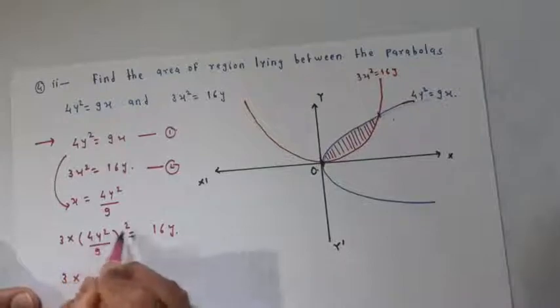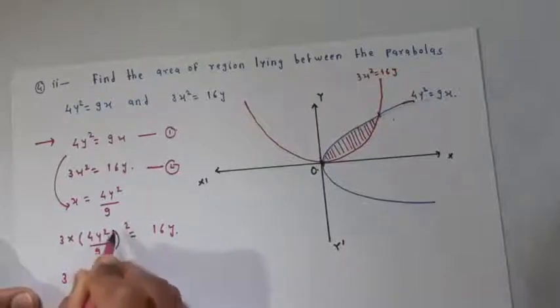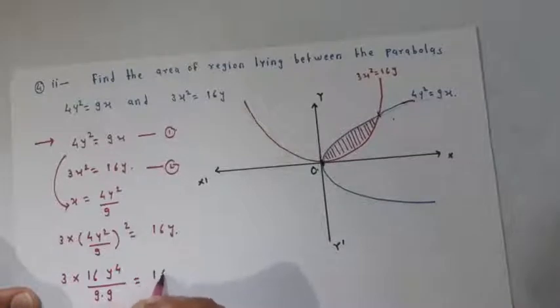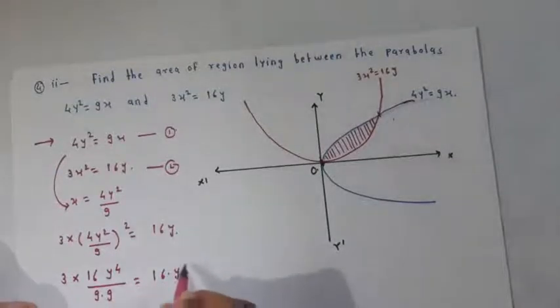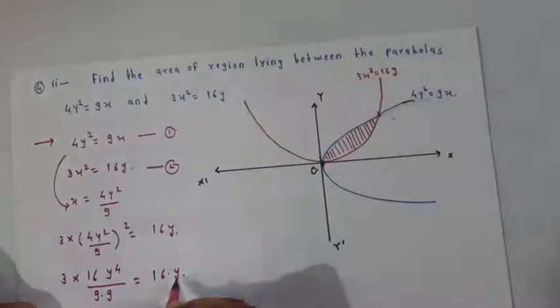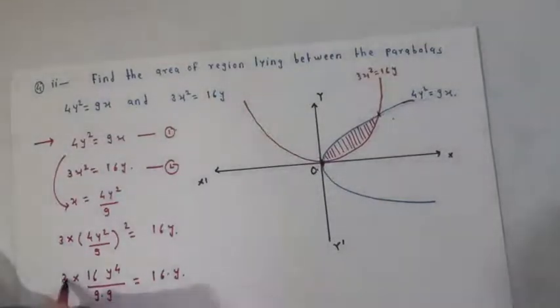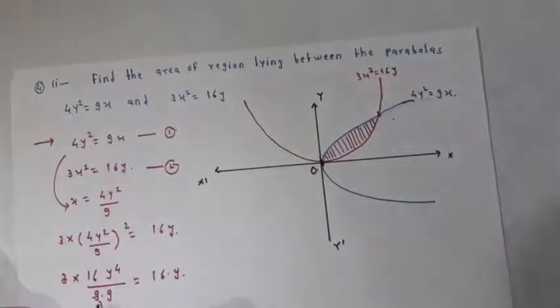This becomes 3 into 16, y raised to 4 upon 81, that is 9 into 9, equal to 16 into y. So y and y get cancelled, and we get y raised to 3 equal to 27.